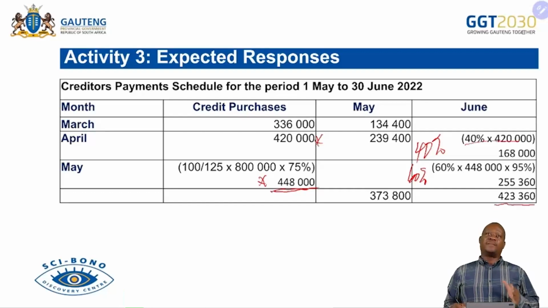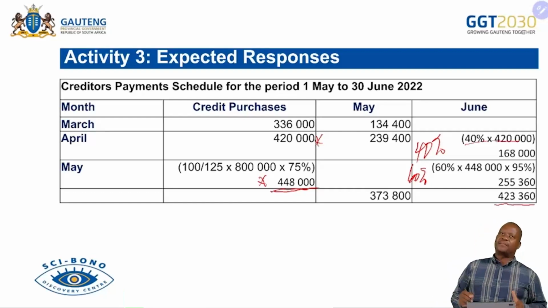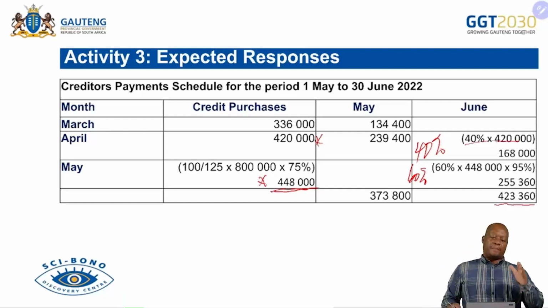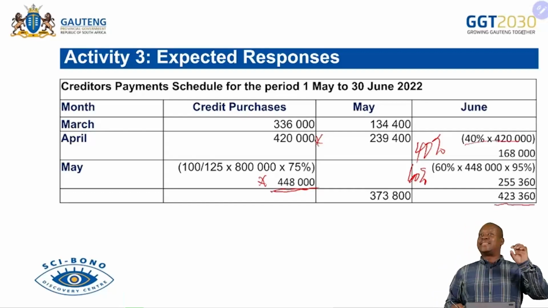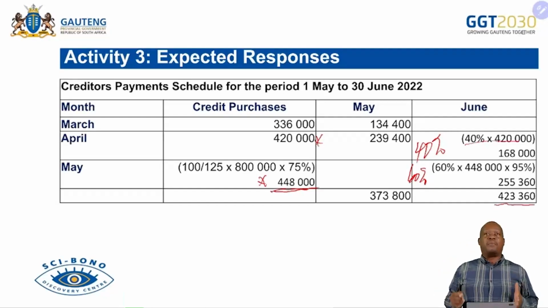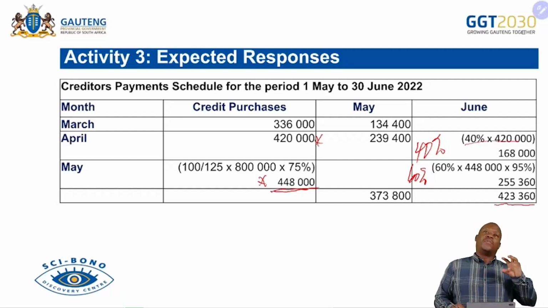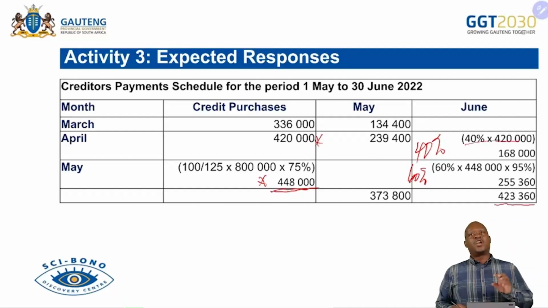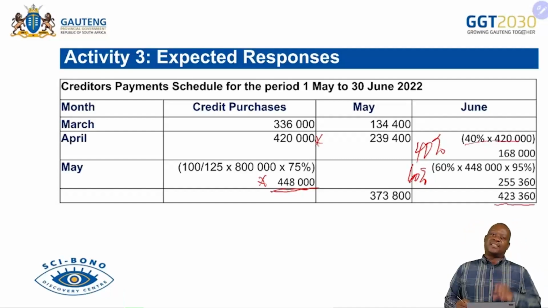So you can see there is not much that takes away the preparation of a debtor's collection schedule from the preparation of a creditor's payment schedule. What you need in both is to know your credit sales or your credit purchases. But when it comes to the credit purchases part, you need to know the relationship that exists between sales and cost of sales, which is the same relationship that exists between sales and purchases.